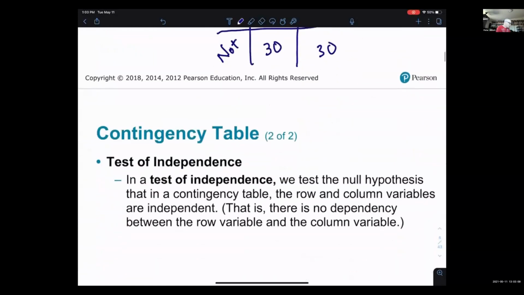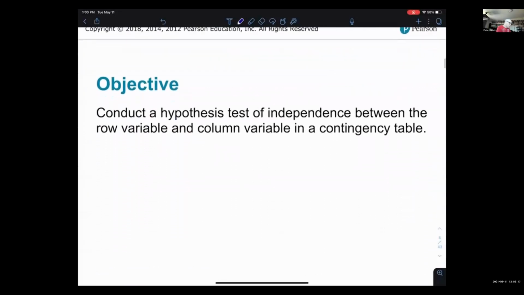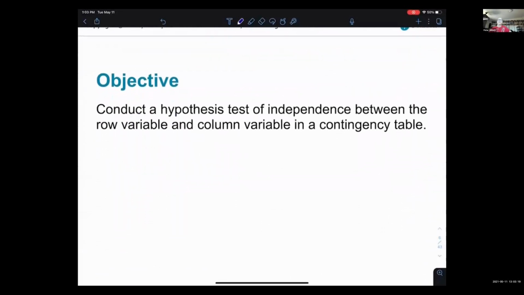So that's the idea of a test of independence, with a silly example to think about. Okay. So the objective is to be able to conduct a hypothesis test of independence between the row variable and the column variable in a contingency table.